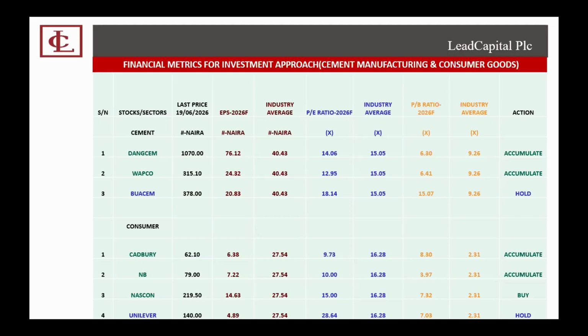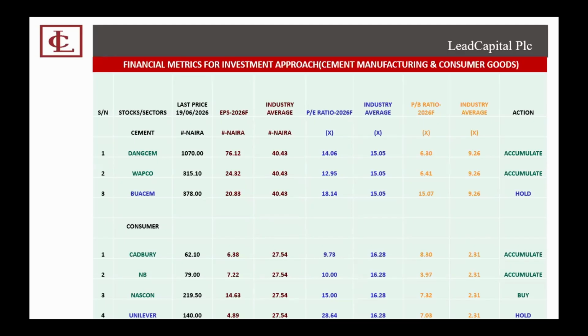Its price to book ratio of 6.3 times is also well below the industry average of 9.26 times. This just means that it has the strongest earning profile in the sector and is trading at a discount to industry valuation.